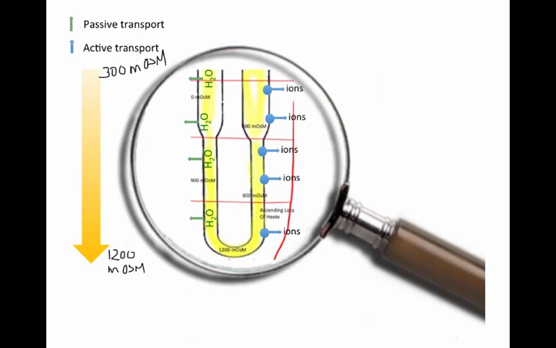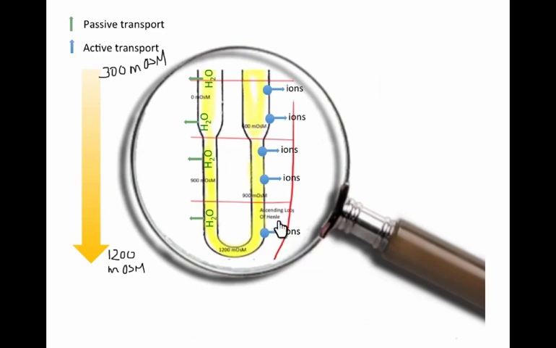And so because the filtrate starts out at 300 milliosmolar and it's moving through this saltier and saltier fluid, the membrane's permeable to water, water is going to leave the descending loop of Henle, and in fact the osmolarity of the filtrate is going to reflect the osmolarity of this interstitial fluid around it, because the water will leave till it reaches equilibrium and reaches a maximum concentration of 1200 milliosmolar, because that's the saltiest that the adrenal medulla gets in a human anyway.